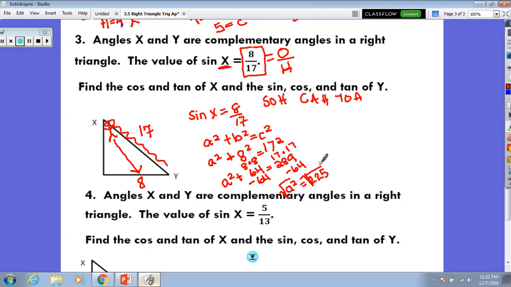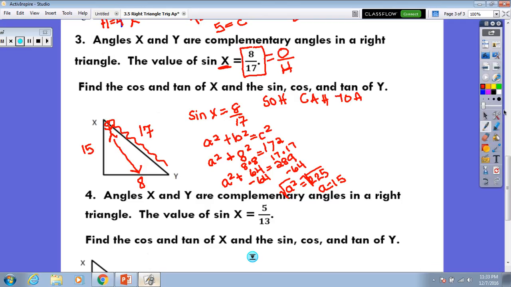So the square root of 225 equals 15. So A is 15. Now I know that this side is 15. So once we get all the sides in here, writing our functions is easy, okay? I wanted to give you just a little bit to copy down the Pythagorean's theorem. And then we will be ready to write all of our functions.